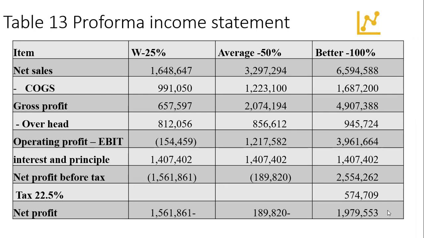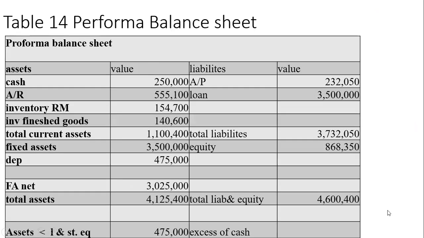After the pro forma income statement, we'll go for the pro forma balance sheet. It is the cash where we got it from the pre-opening. This is the cash we needed from the pre-opening expenses. And accounts receivable, we calculated from the table of working capital.